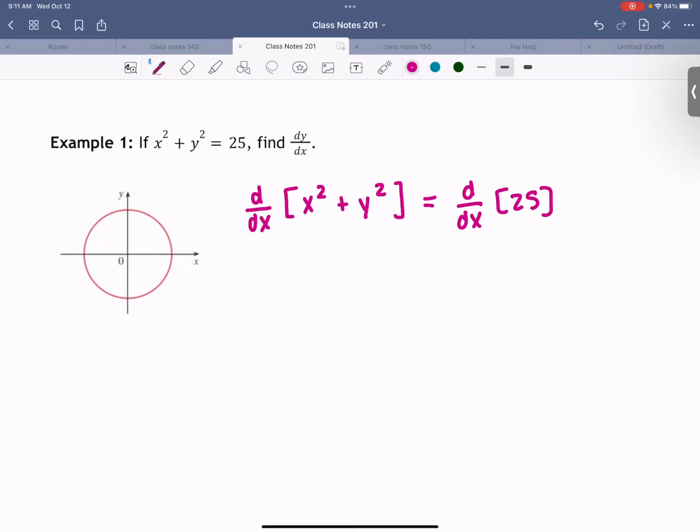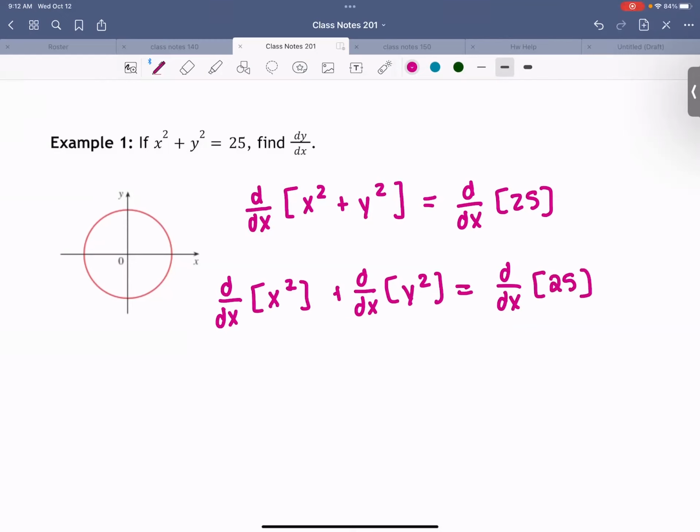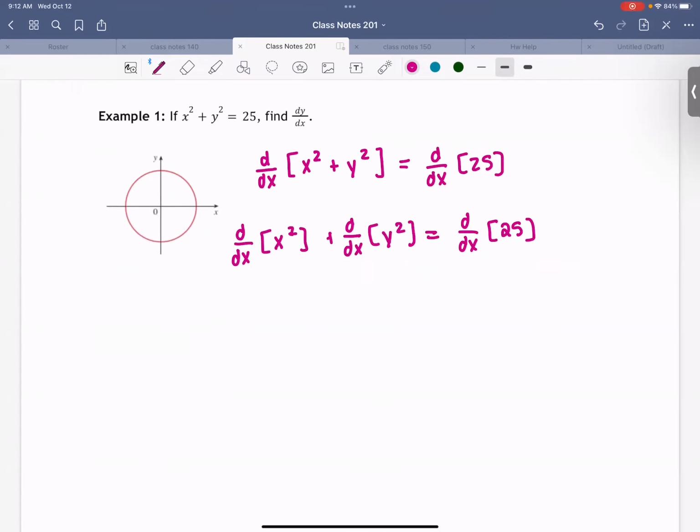The derivative on the left has to equal the derivative on the right. Whenever we have a derivative of addition, we can always break it up into the derivative of each term. Of course, you don't have to write this, but it helps me out. So this is the derivative of x squared, the derivative of y squared, and the derivative of 25.